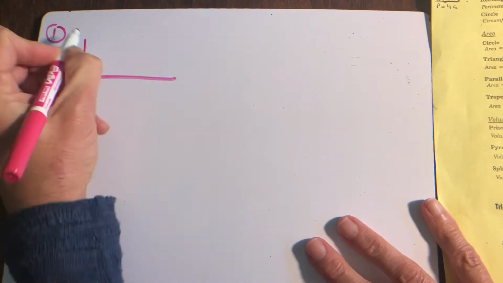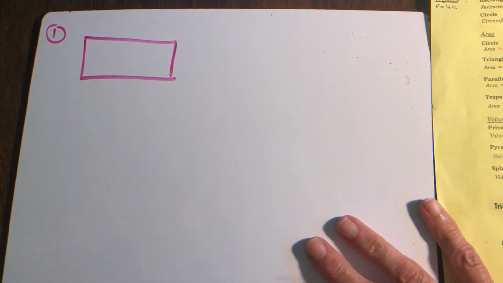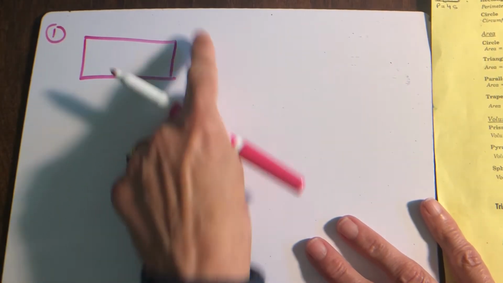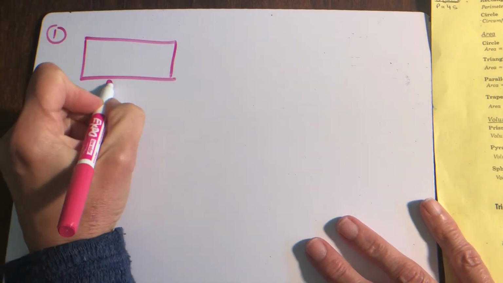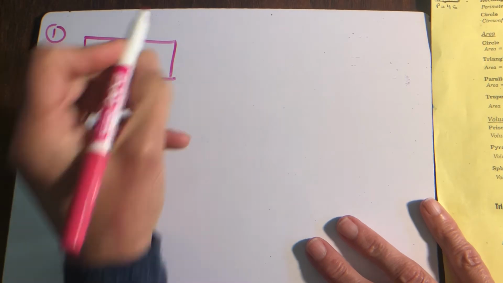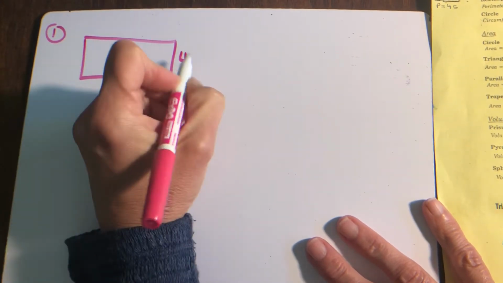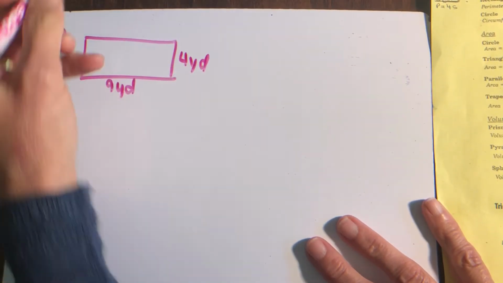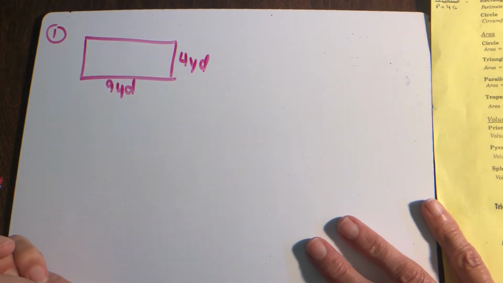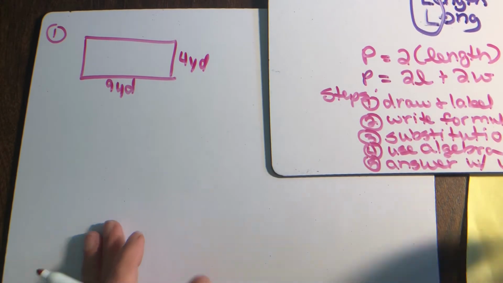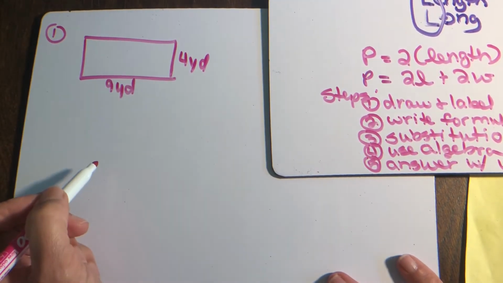All right, so let's look at one. Draw your picture quickly. It doesn't have to be beautiful. Don't be OCD about your sides not being perfect, because we're just doing this for our own visual purposes. So we have 9 yards and 4 yards, and I'm asking you for the perimeter. Remember, our first step was to draw and label. So we drew it, but we didn't label it.